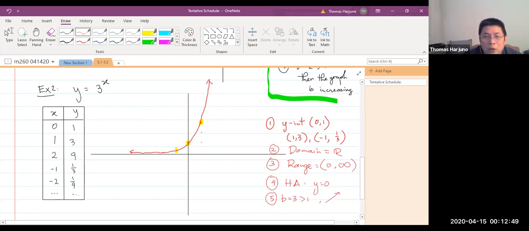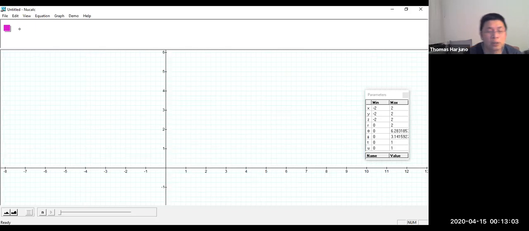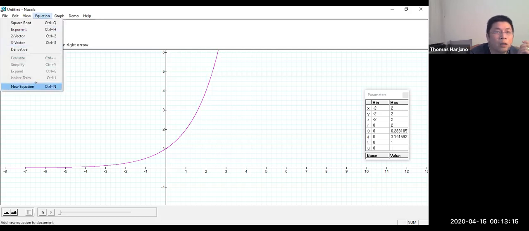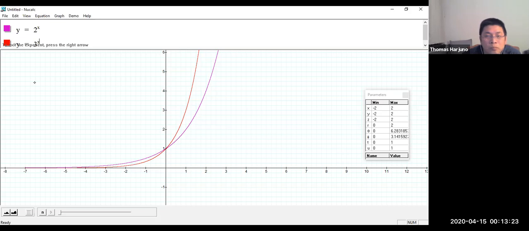Okay, now let me ask you to take a look at my graphing software. I will compare these two basic exponential functions. y equals 2 to the x looks like this, while y equals 3 to the x like this. Let me copy paste this.